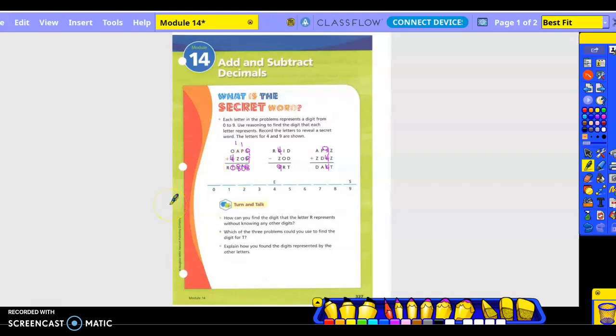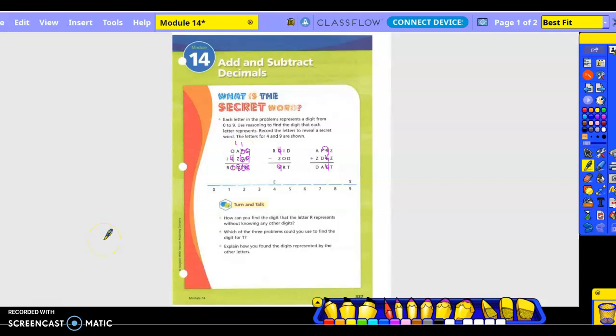Is anybody figure out yet? 6? Okay, I heard a 6. So 6 plus 1 is 7, so P must be what? 3. So we said P was 3.